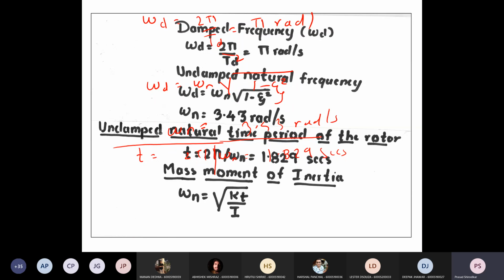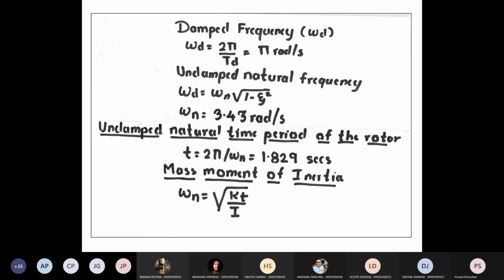So as correctly said by Abhishek, omega n is root of k torsional divided by I. So that will give you the value of I. Find out the value of I and tell me the answer. 1.94 into 10 power minus 6.